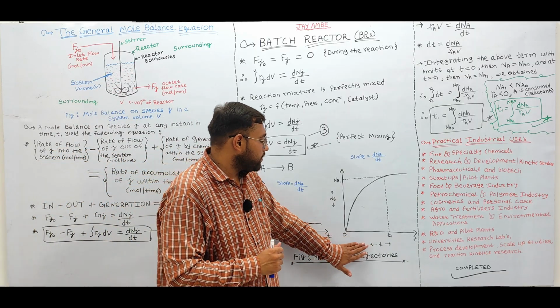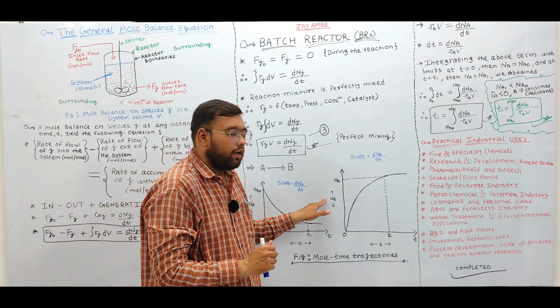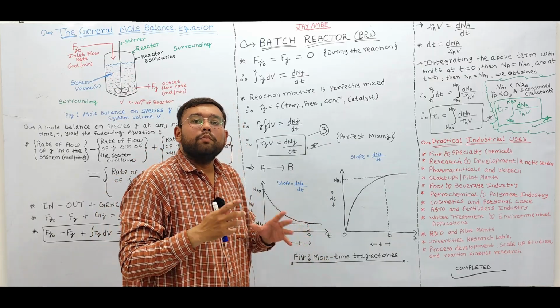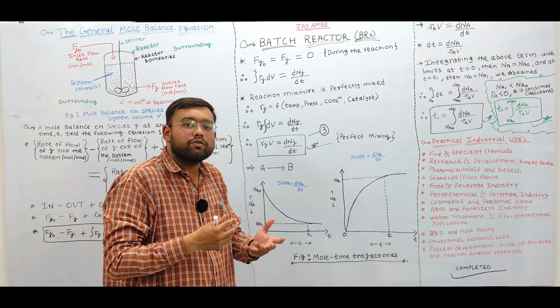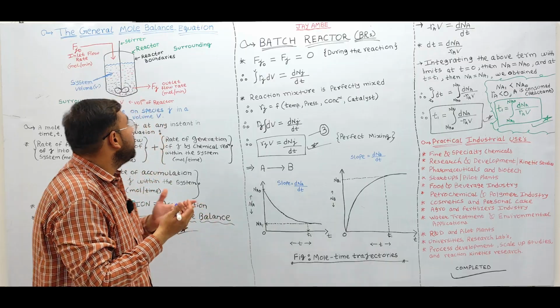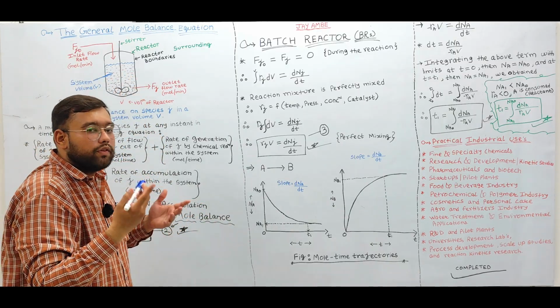Now let's say the second curve, which indicates NB. NB represents the product, okay? So how many moles of product are generated in the reaction environment during the progress of the reaction?